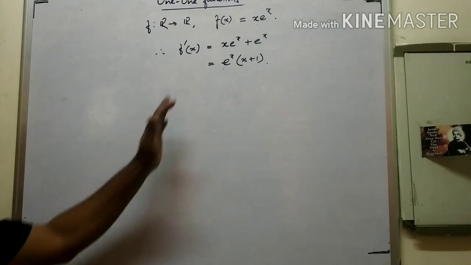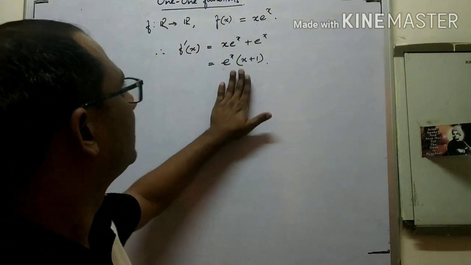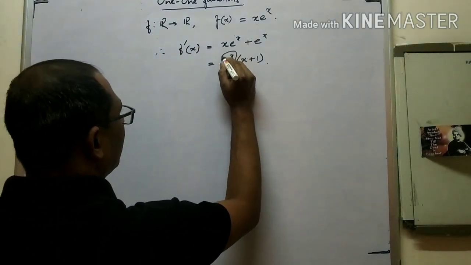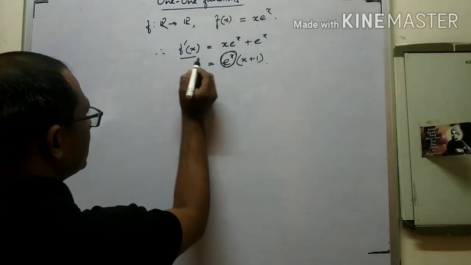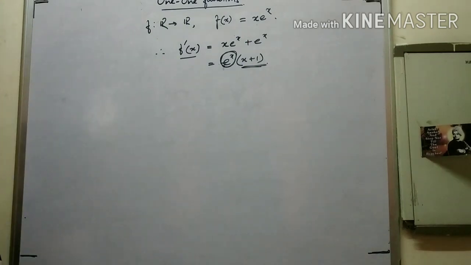Now we have to check whether this particular value is positive or negative in its domain. Again, we know that e to the power x is always positive. So whether f'(x) is positive or negative depends upon where x plus 1 is positive or negative.